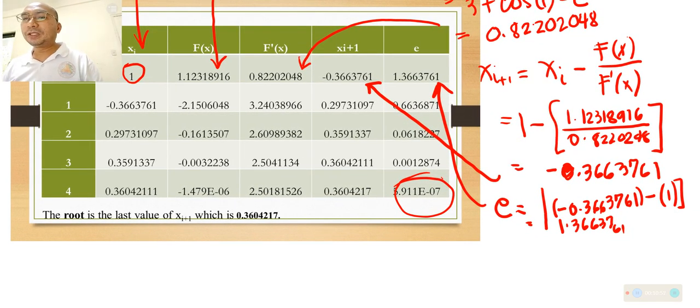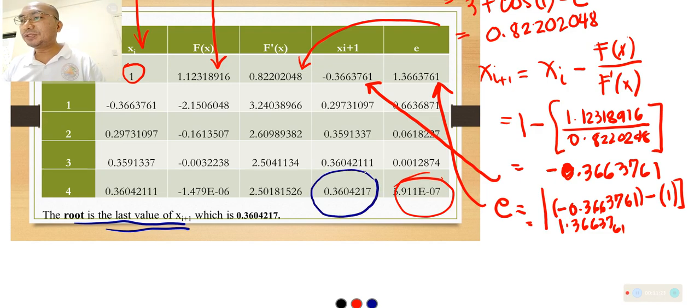But what is the root of the equation? The root of the equation, or one of the roots, is the last value of xi plus 1 that you have derived. What is the last value of xi plus 1?